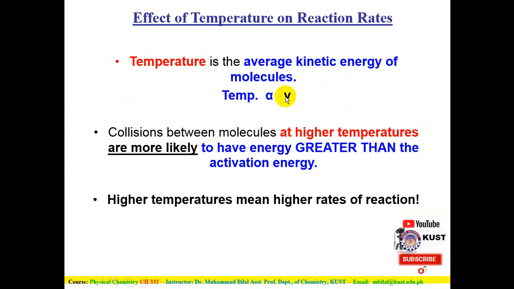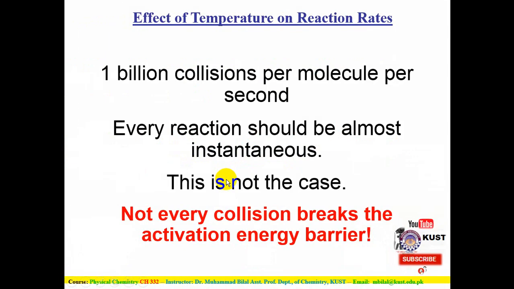So the higher the velocity of the molecules, the higher the temperature. Increasing the temperature means we increase the velocity of molecules, the collisions between the molecules increase, and most molecules will have energy greater than the activation energy, so they will easily convert into product, and the rate of the reaction will increase.